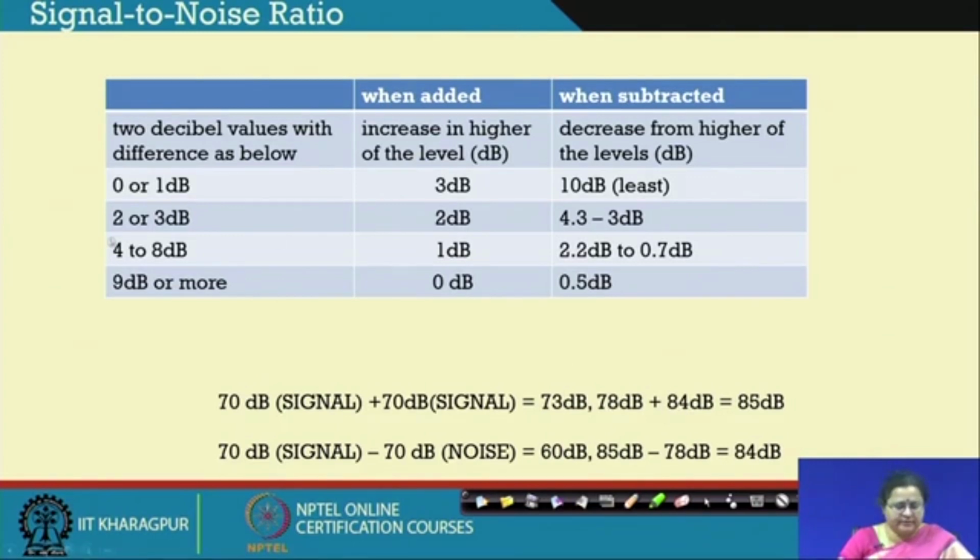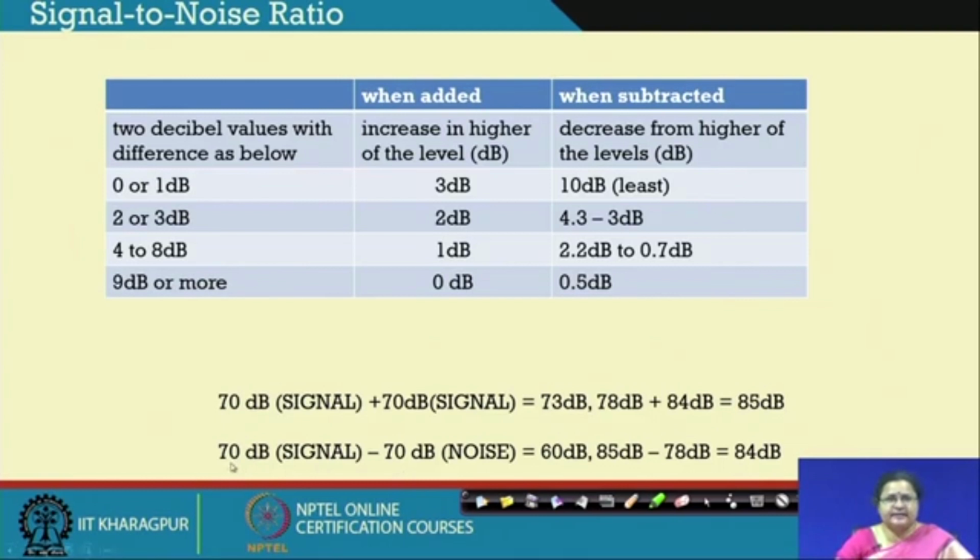So, you go here between 4 to 8 dB where the increase is by 1 dB of the higher value. So, the maximum sound, 84 dB, is increased, and the overall sound level in the room will be 85 dB.